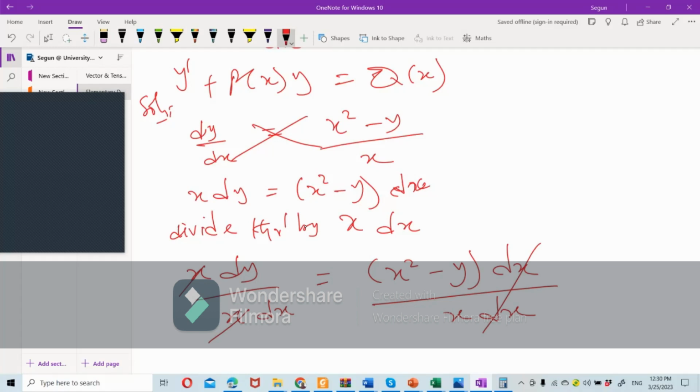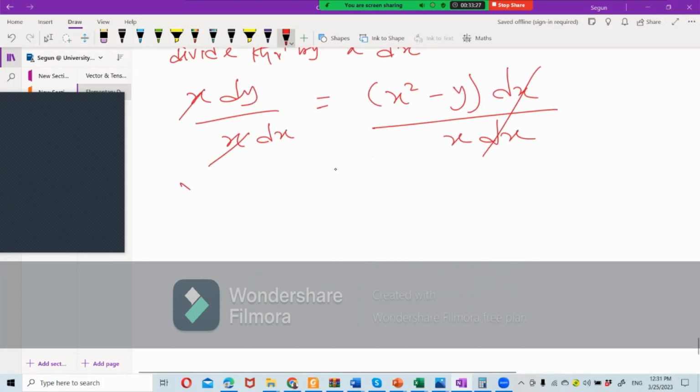So at the end of the day, what do we have? Anybody? Even from here, if you don't divide through, you will see what we are going to have. We are going to have y prime equals to x squared over x minus y over x.